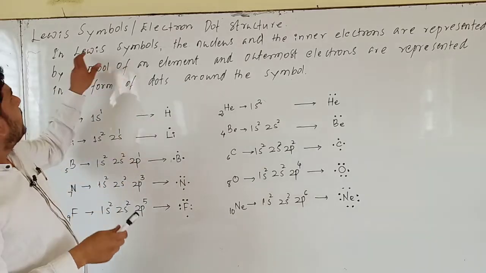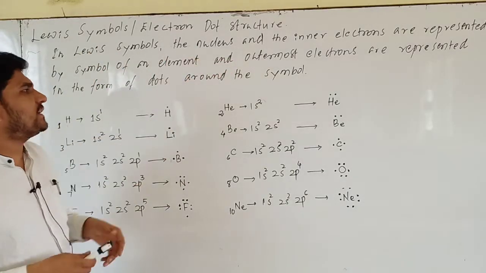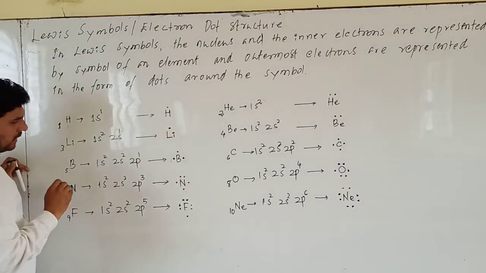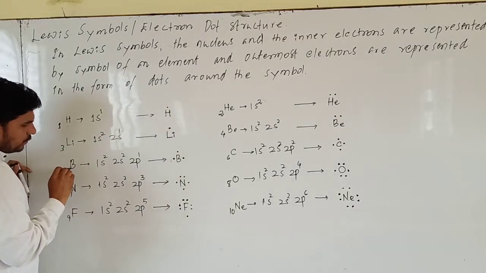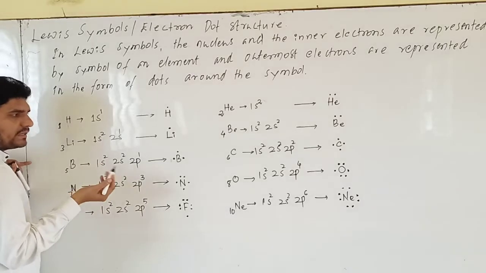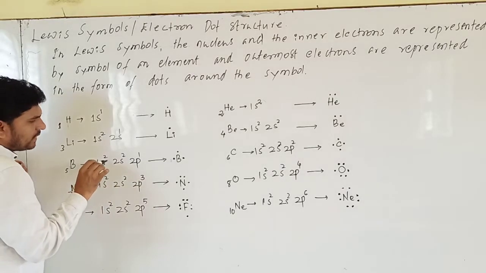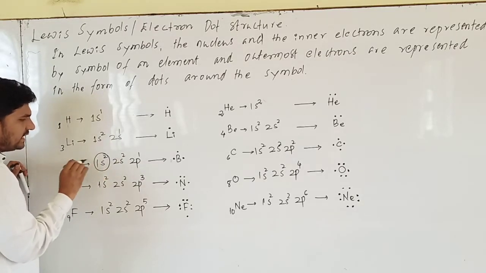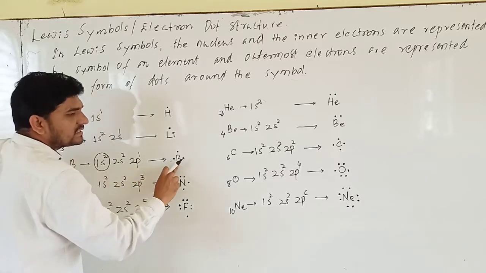In Lewis symbols, the nucleus and inner electrons are represented by the symbol. If you take boron, an atom contains a nucleus and electrons. Two electrons are inner electrons, along with the nucleus. The nucleus and inner electrons are always represented by the symbol.